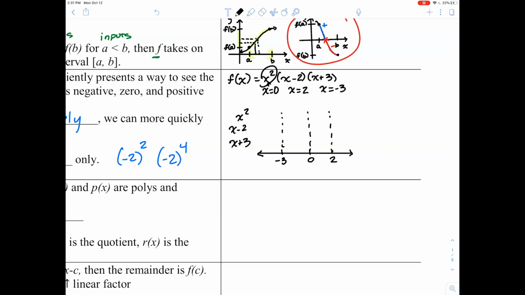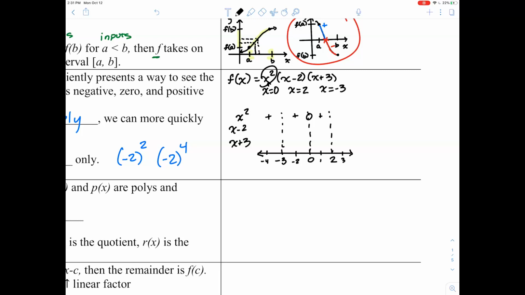So what makes x squared 0 is 0. 0 squared is 0. And regardless, if I take a -4 and plug that in, -4 squared is +16. If I plug in a number like -2, -2 squared is +4. If I plug in a 1, 1 squared is +1. We're just trying to get positive and negative outputs. I don't even care what the actual values are. I just want to know if they're positive or negative.